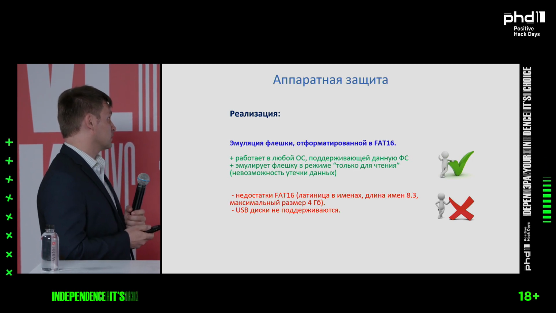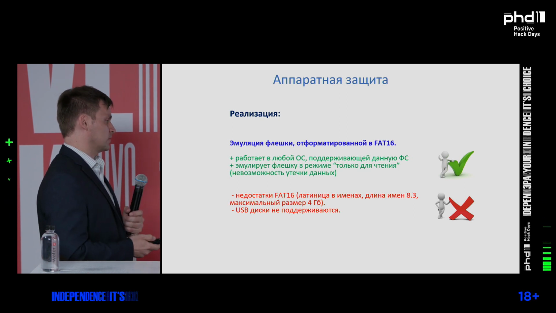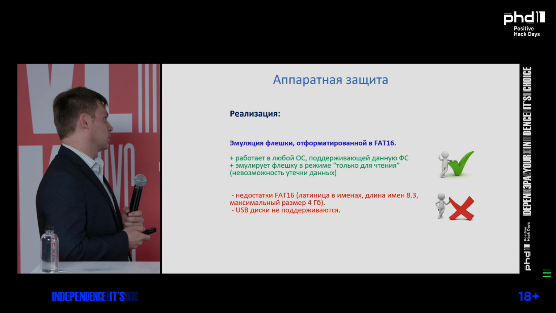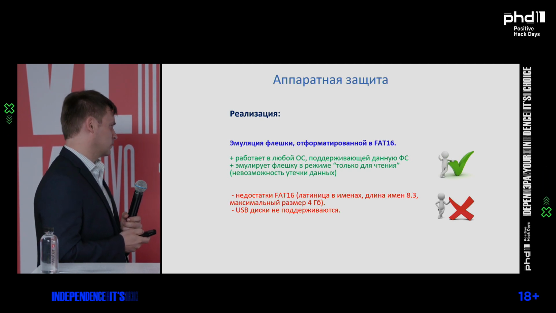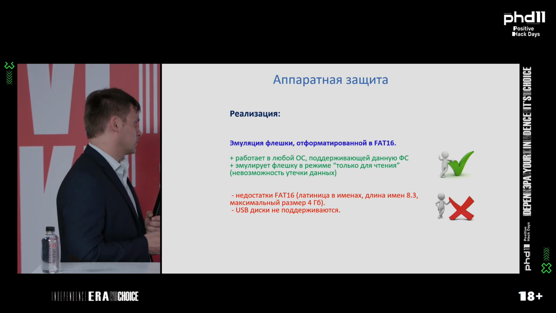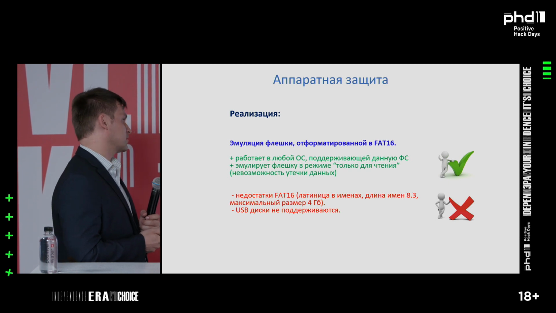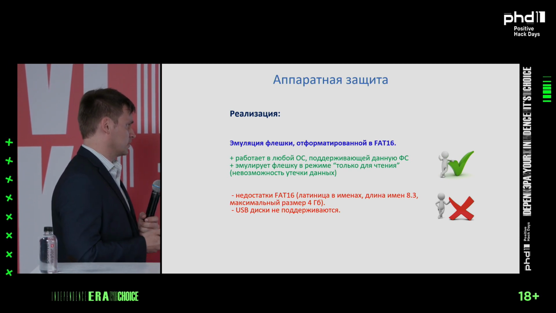So the implementation of this solution is the emulation of a flash drive formatted to FAT16. We emulate FAT16 even if the drive is FAT32. It is read-only, so data leakage is not possible.